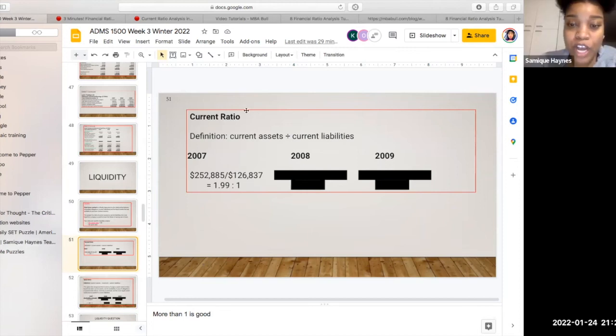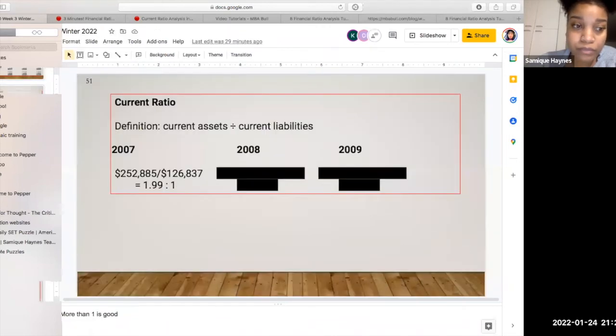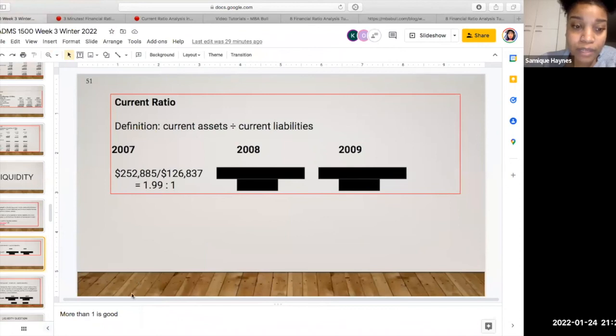So if we have our current ratio here and we want to calculate current assets divided by current liabilities, which financial statement are we going to look at for the information to plug into this formula? Current assets divided by current liabilities. The balance sheet, very good.